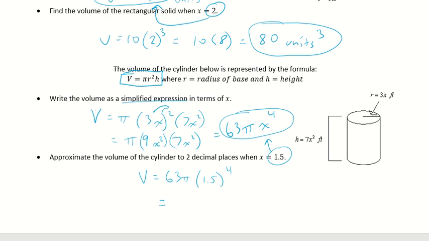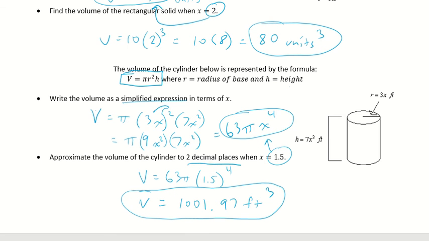So once we've multiplied those things, as I said, you should end up with 1,001 and 97 hundredths feet cubed. And the reason I stopped at hundredths is they asked us to go to 2 decimal places. Now, if the question had asked for an exact answer, we wouldn't multiply by pi.